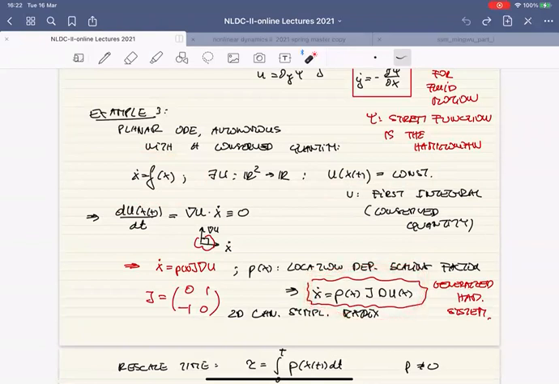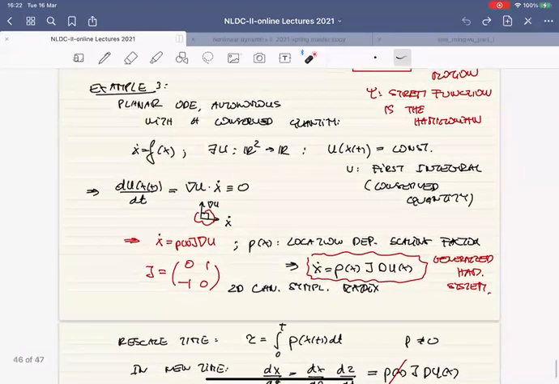It almost looks like the classical Hamiltonian we looked at, except that in front of J DU, with U playing the role of the conserved quantity, the Hamiltonian, you have a scalar function that multiplies the structure. So this is one way to generalize Hamiltonian systems.